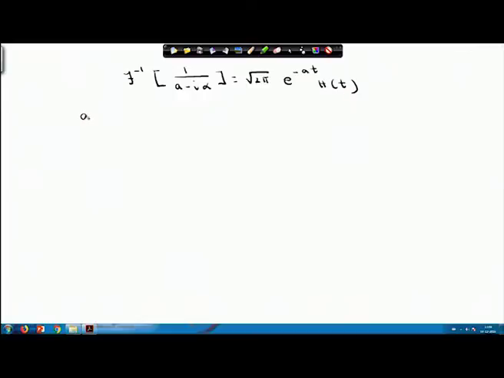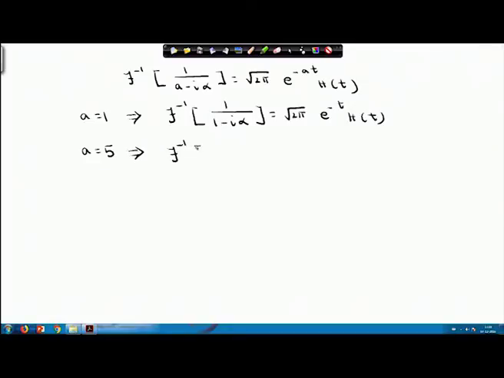Now, you put a equals 1 here, so you will obtain the Fourier inverse of 1 by (1 - iα), which equals root over 2 by π e^(-t) h(t). And if I put a equals 5, then you can obtain the inverse of the second function, 1 by (5 - iα).